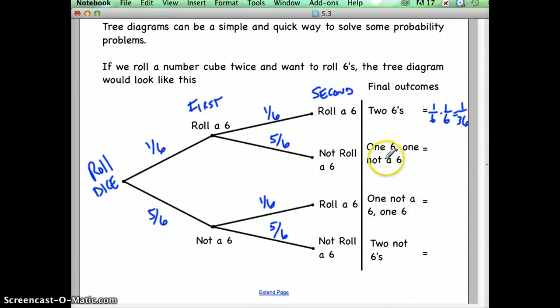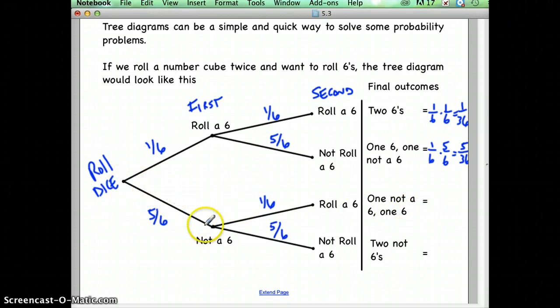The probability of 1 6 and 1 not a 6, so here's getting a 6 and then getting not a 6, we would multiply those two together, 1/6 times 5/6. And we would get 5/36. 1 not a 6 and 1 a 6.